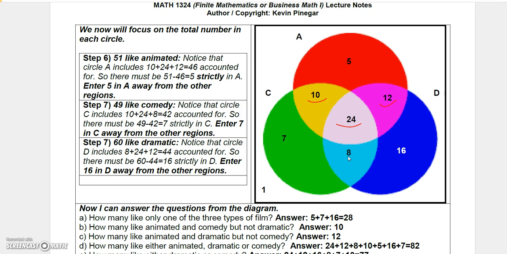And then subtract 42 from 49, and that means there's 7 out here that just likes comedy. And then lastly, 60 like drama. So look in your drama circle, and you've got 8, 24, and 12 already accounted for, and that adds up to 44. So subtract 44 from 60, and you get 16 that just like drama.